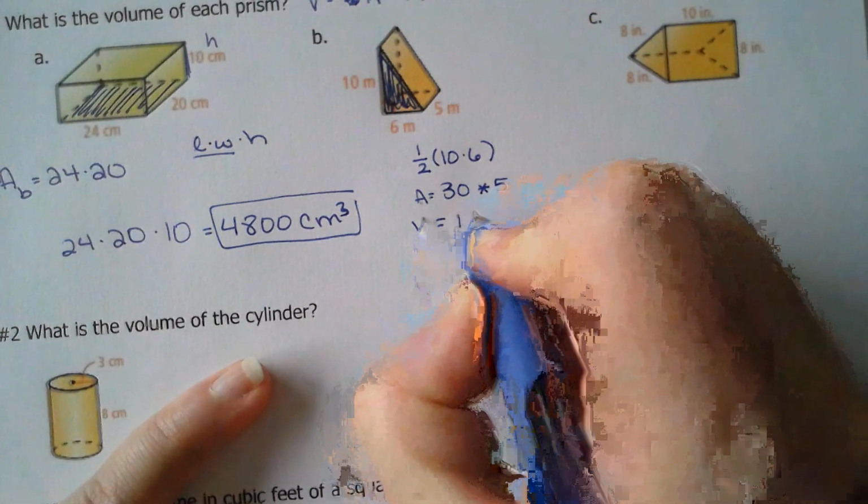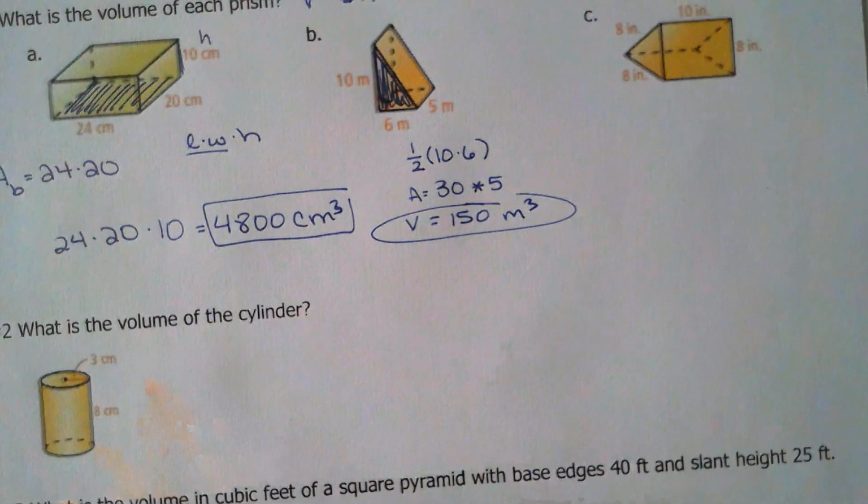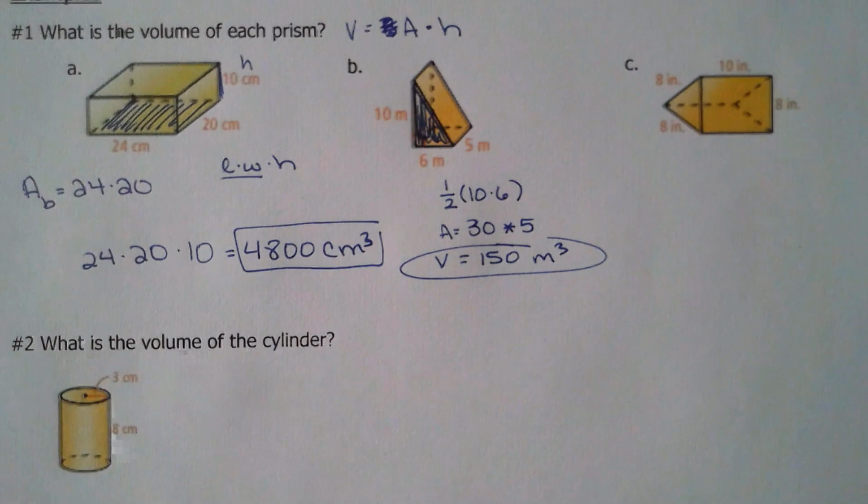So the volume is going to be 150 meters cubed. Okay, so you might be starting to see how we are taking that area of the base and all we're doing is multiplying it by height, keeping in mind we have to look for that base first.